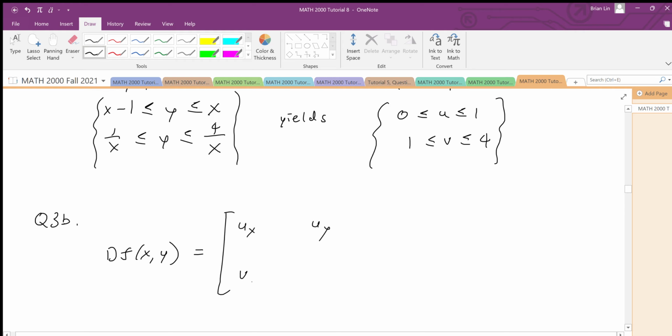Then the second component function, v with respect to x and v with respect to y. And u was just, what was u? U was x minus y. And with respect to y will be minus 1. And v was x times y. And that's it for question 3b.